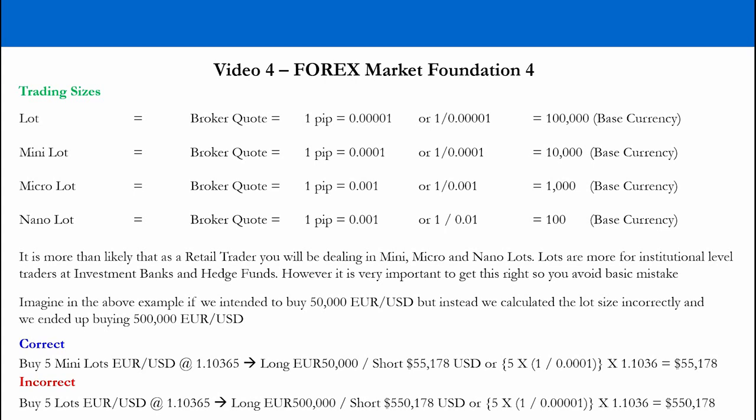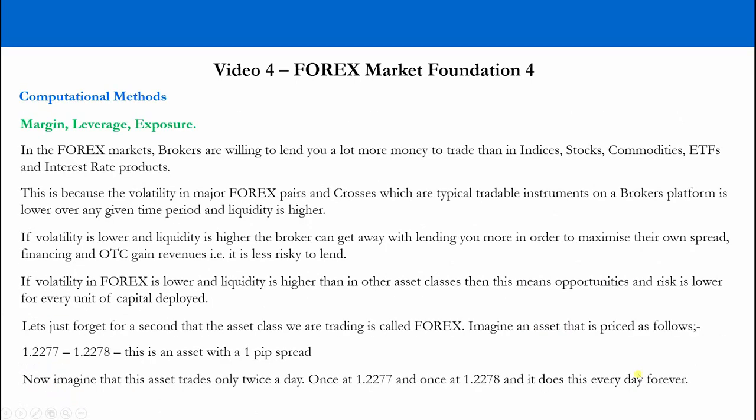There are other basic computational methods that we have to take care of as well. One of the most important is definitely margin, leverage, and exposure. And we did touch on margin, leverage, and exposure earlier when we were looking at the agenda of Forex brokers.